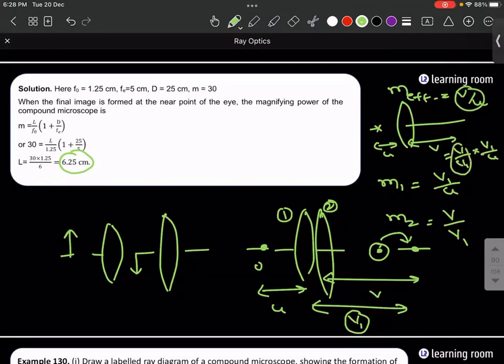V by V1 will be M2. V1 by U will be M1. So is it not the product of both? Got the idea? So whenever two lenses are used in combination, the resultant magnification is always the product of the magnification produced due to individual lenses.